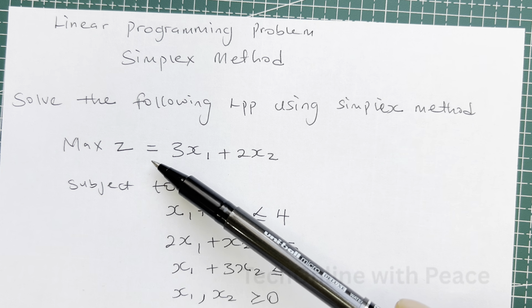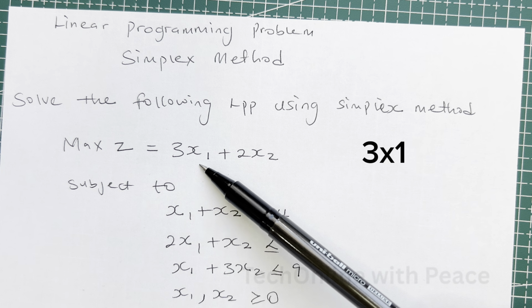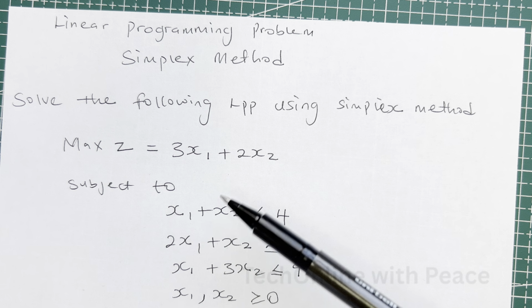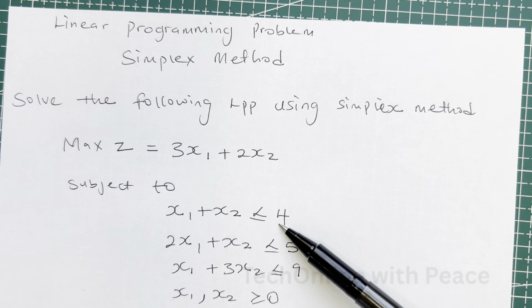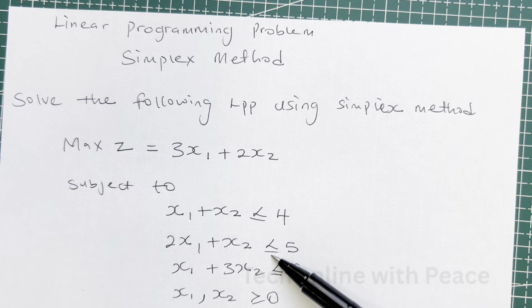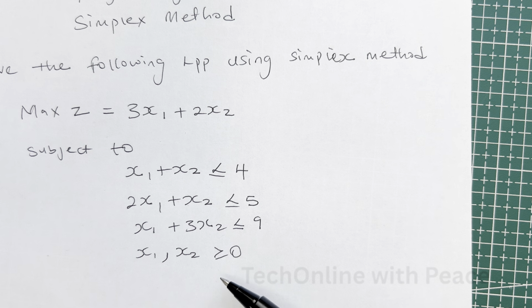Maximize z equal to 3x1 plus 2x2 subject to x1 plus x2 less than or equal to 4, 2x1 plus x2 less than or equal to 5, x1 plus 3x2 less than or equal to 9, where x1 and x2 are greater than or equal to 0.